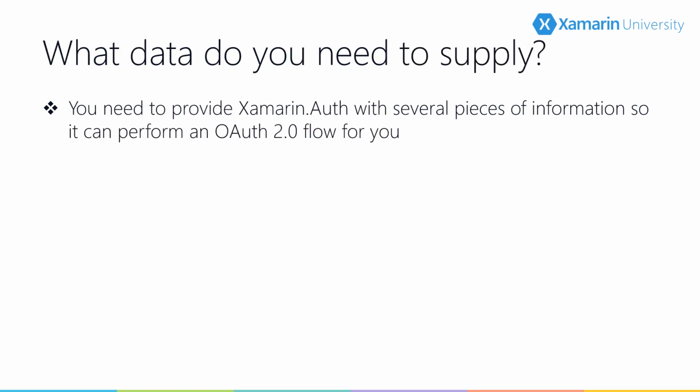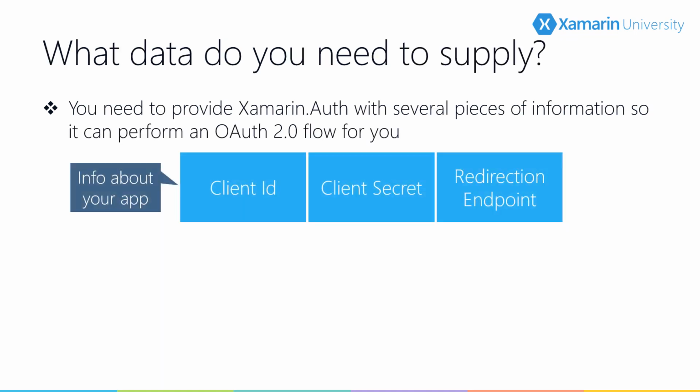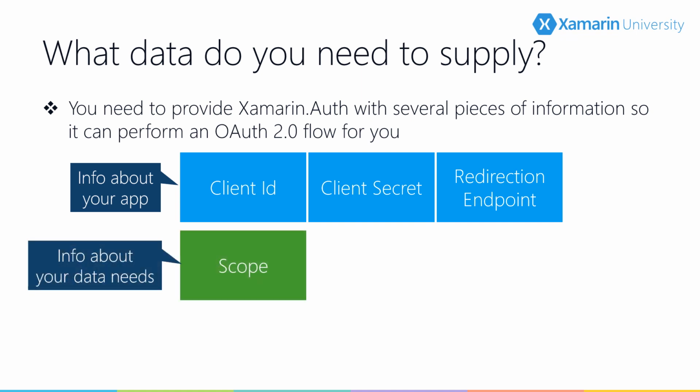So what exactly do we need to supply as developers? Well, we need the values to uniquely identify our app. This includes the client ID and the client secret, along with the redirection endpoint. Now, most OAuth2 services allow a scope to be specified when requesting the access token, and this scope will also be provided to Xamarin.Auth.